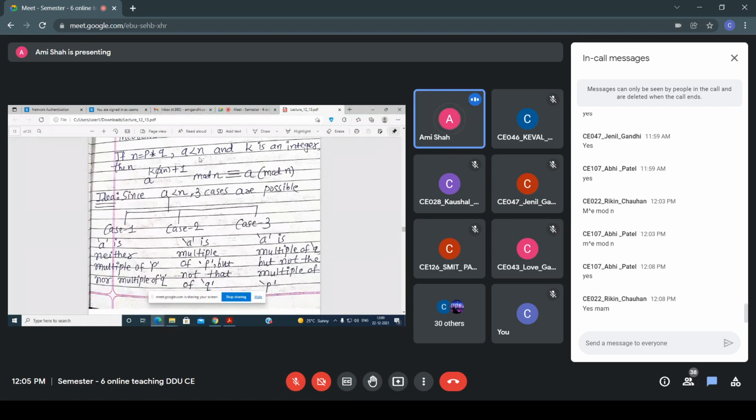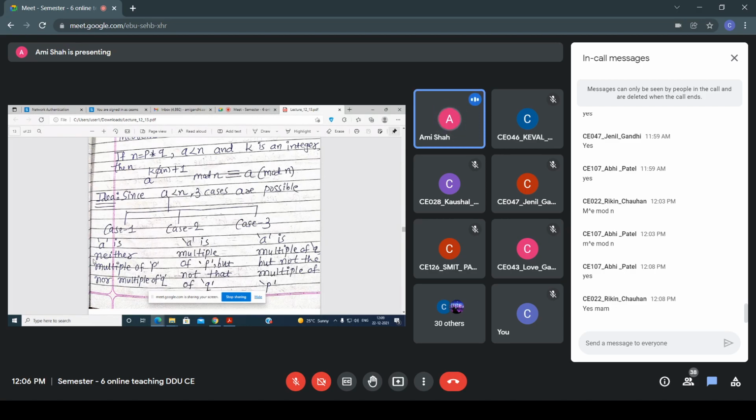The second case, a is a multiple of p but not a multiple of q. And the third scenario, a is a multiple of q but not a multiple of p. So these three scenarios are possible.